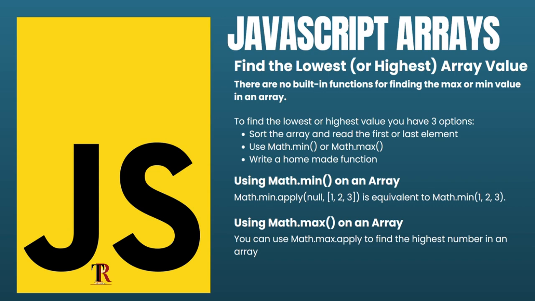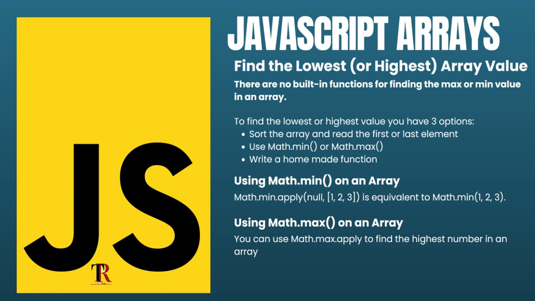So using the Math.min method on an array. Now, Math.min.apply(null, [1, 2, 3]) is equivalent to Math.min(1, 2, 3). What you can see right here on my screen is the way the method works on an array. Math.min.apply, then you pass your array into that method, and it is going to get the lowest array value out for you.